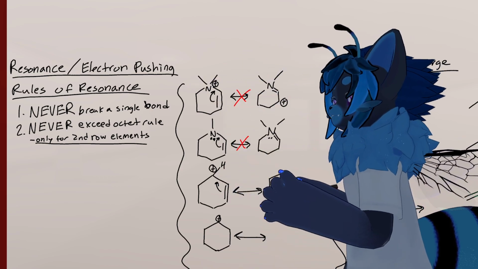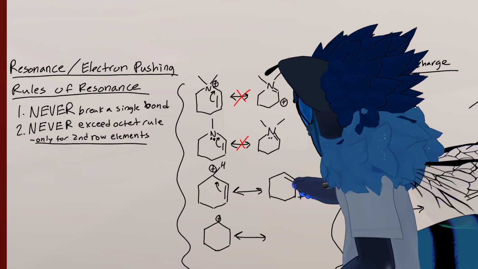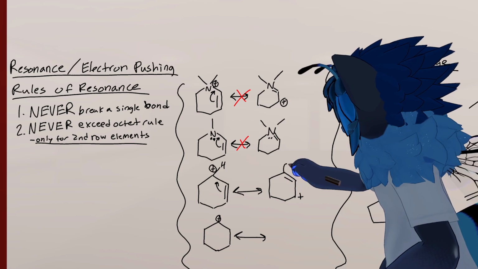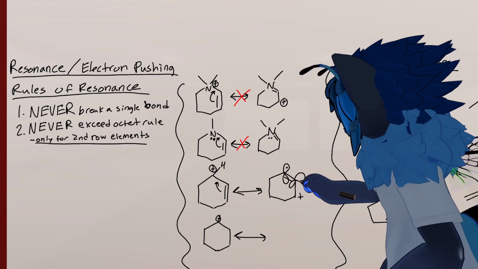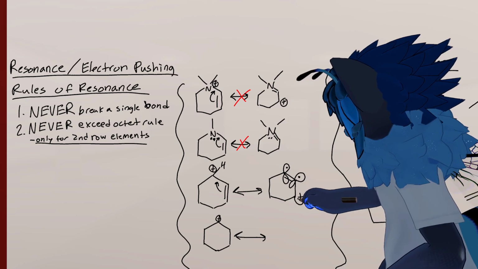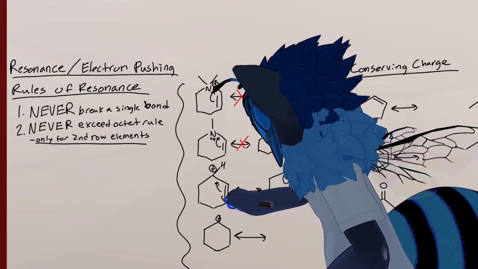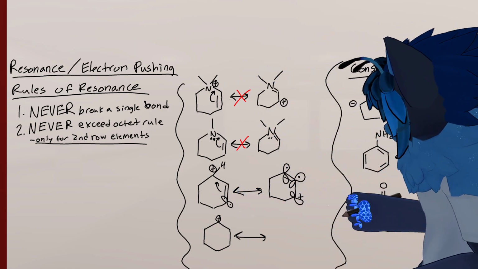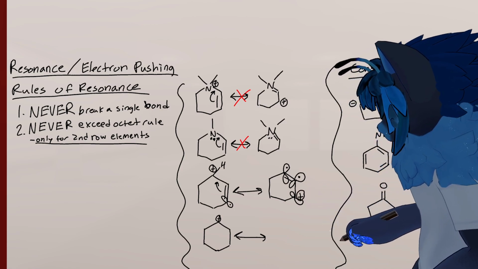It has an empty orbital that can accept electrons, which this double bond, when it moves over, can fill. Now the carbon that did have electrons has no electrons, so the plus charge would move to it, and this is a valid resonance form.